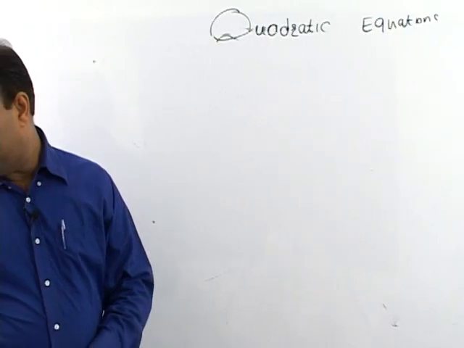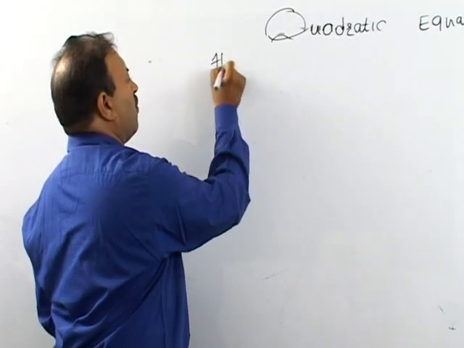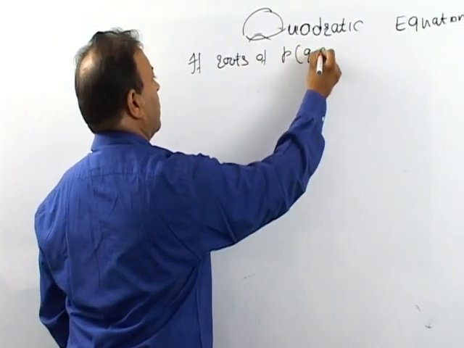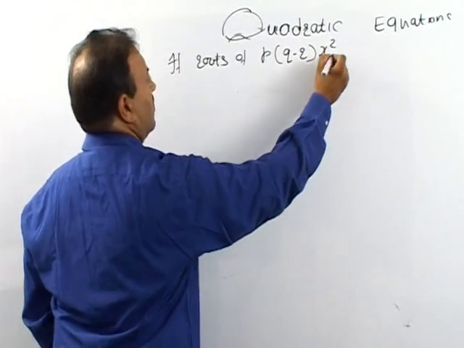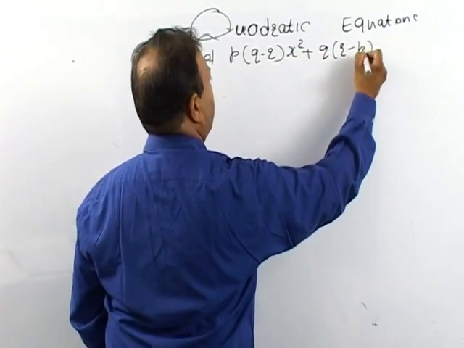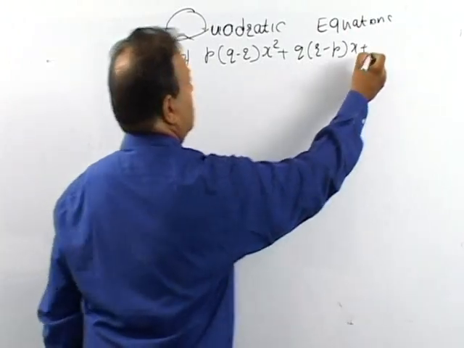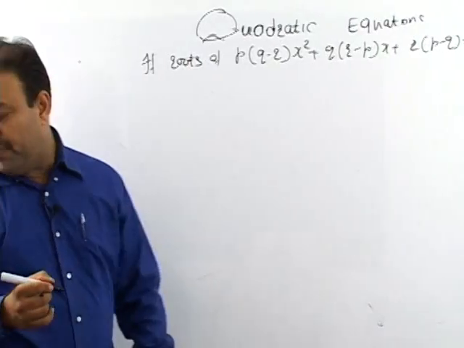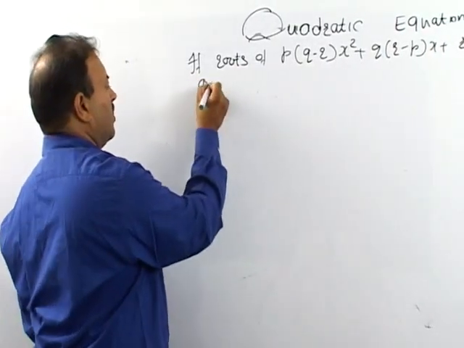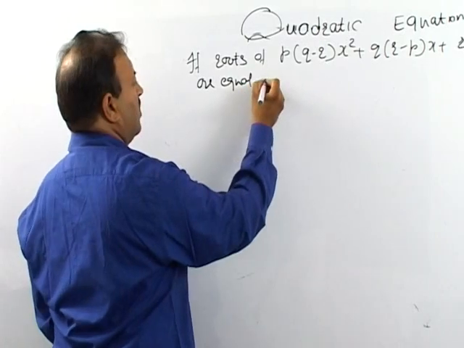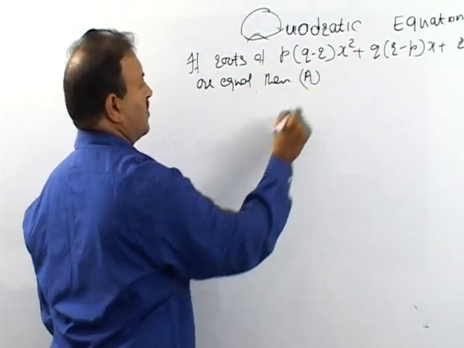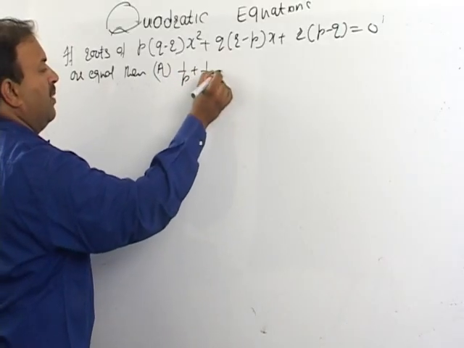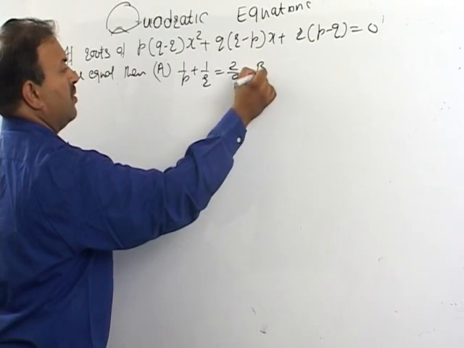Next question is: if roots of (pq minus r)x square plus (qr minus p)x plus r(p minus q) is equal to 0 are equal, then option A is 1 upon p plus 1 upon r is equal to 2 upon q.